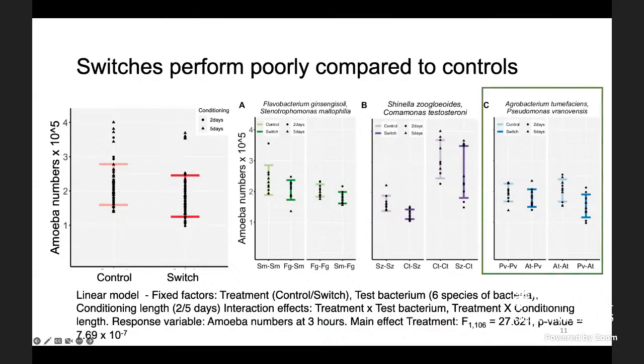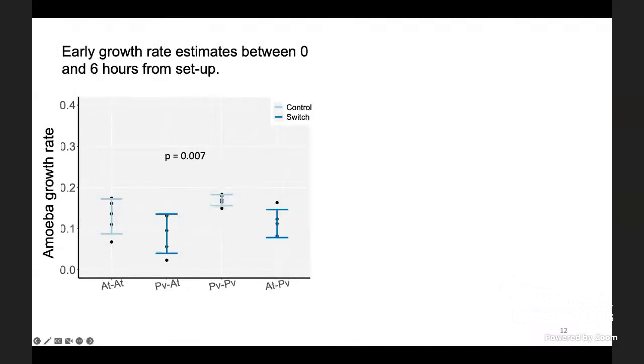I was curious to see what happens to these switching costs when I let this experiment run for a longer time. And I did this time series on only one of these pairs over here, Agrobacterium and Pseudomonas. This one is just showing early growth rate again, where I see that the controls are doing better than switches.